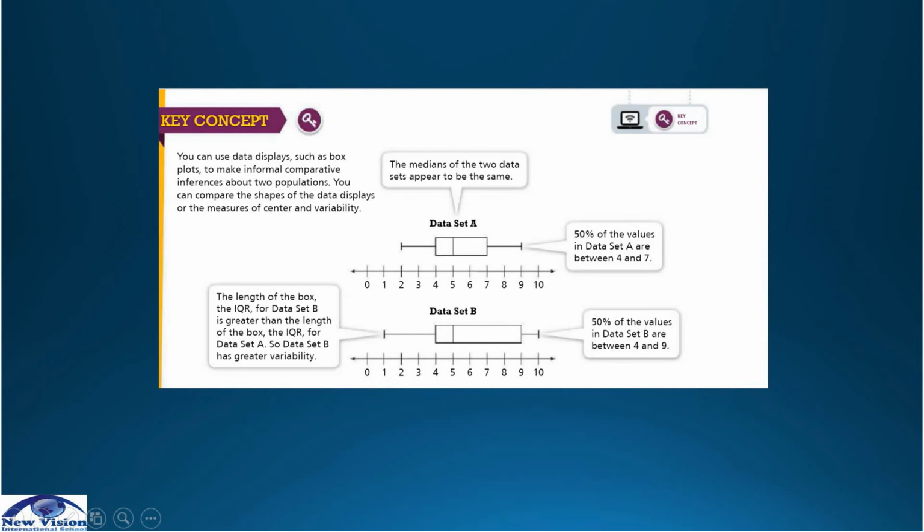You will see here, the box of data set B is longer than that of A, and they have the same median. So therefore, data set B has a greater variability. And 50% of the data in set B are between 4 and 9, and 50% of data set A are between 4 and 7.